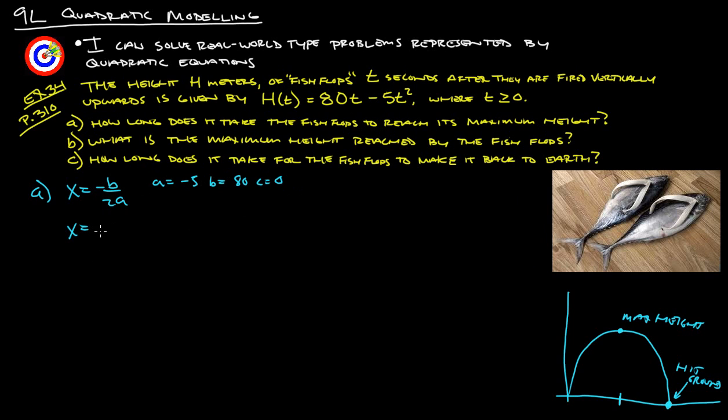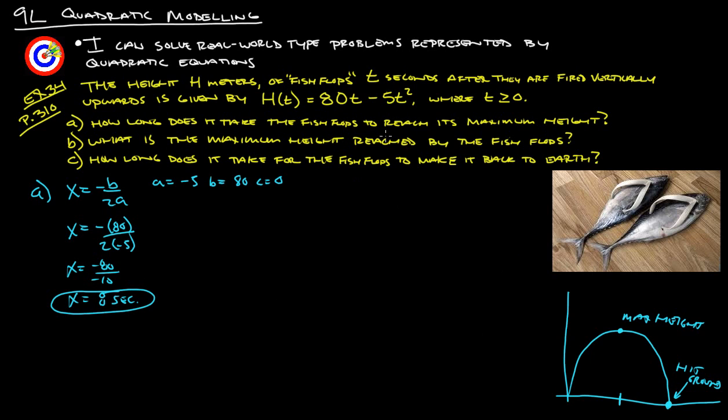Plugging that in, we get x equals negative 80 over 2 times negative 5, so that gives us negative 80 over negative 10. That's 8 seconds. 8 seconds to reach the maximum height.